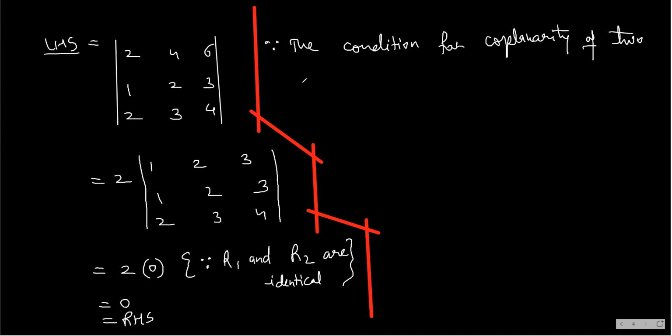This all you need to write only for board exam, if the answer is a subjective, essay type answer, or else it's not required. Since the condition for coplanarity of two lines is satisfied, see why? Because here LHS equals RHS is satisfied.